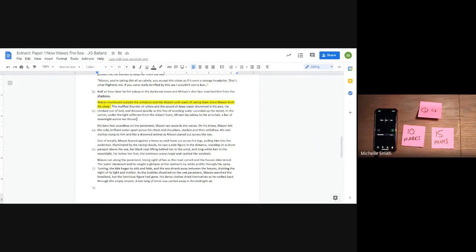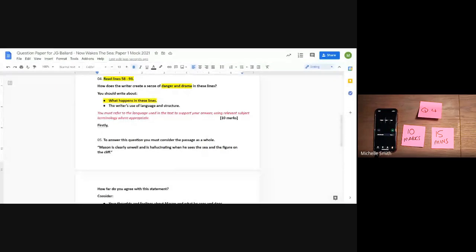But I'm just going to go for the first one. Waves murmured outside the windows, and the distant wish-wash of racing foam drew Mason from his sleep. Okay, I like this idea, so I'm going to say firstly, and I'm going to reword the question.